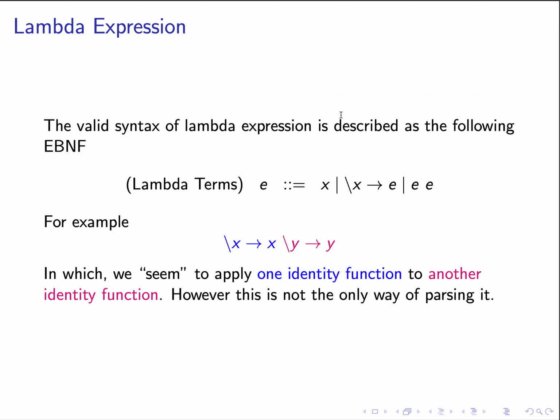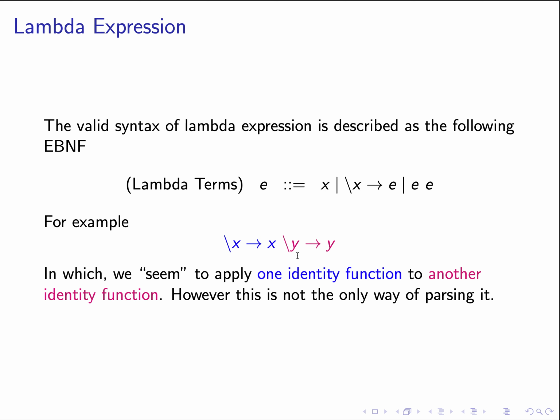Lambda expression itself is pretty ambiguous. For example, given this expression, lambda x that returns x applied to lambda y that returns y, this seems to be a function application at the top level, where you have a lambda abstraction, highlighted in blue, and its actual argument is another lambda term, highlighted in purple.